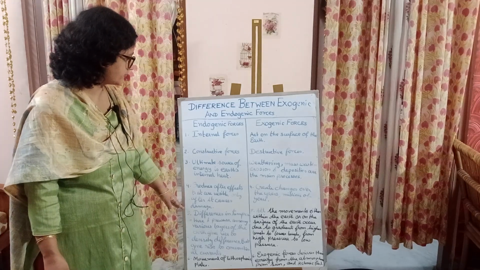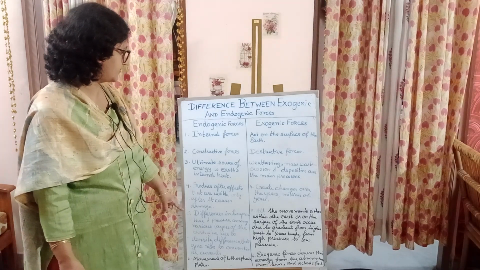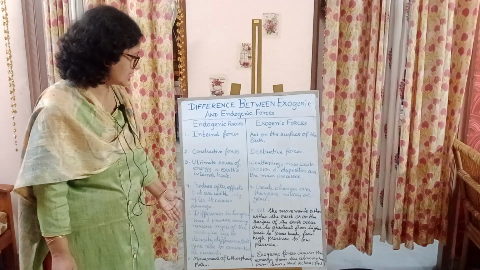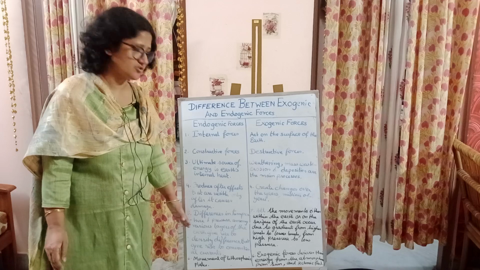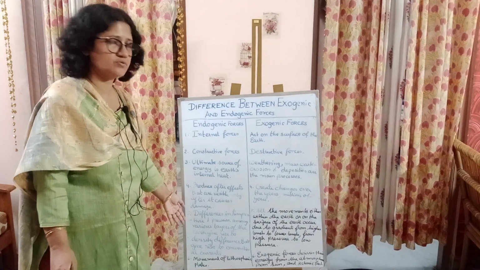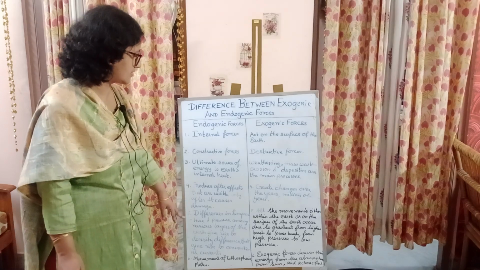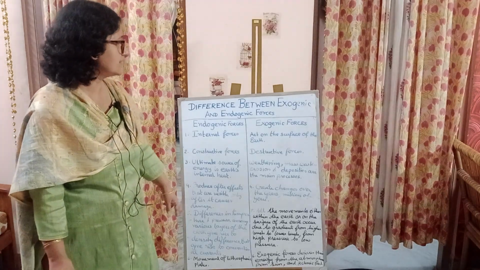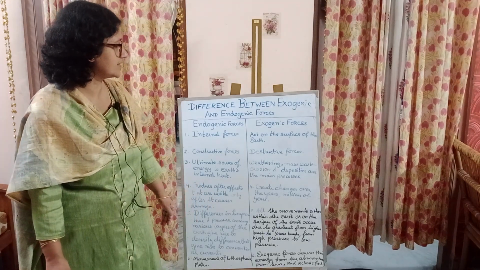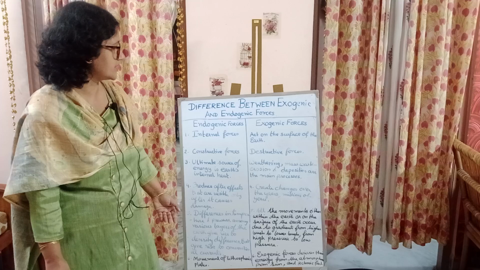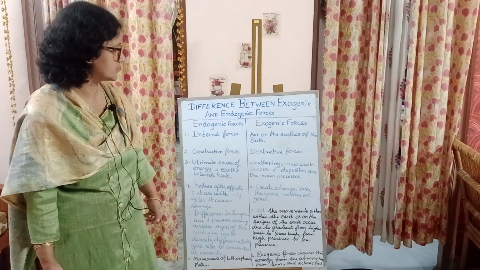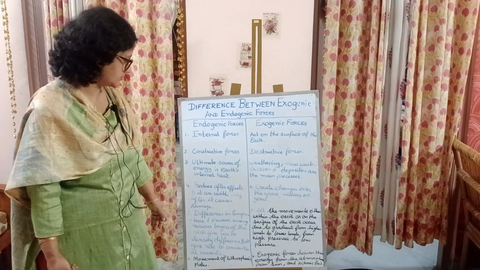Coming to the fifth difference, there are differences in temperature and pressure in the various layers of the earth, which give rise to density differences, and this gives rise to convectional currents. In exogenic forces, the movements, either within the earth or on the surface of the earth, occur due to gradients, from higher levels to lower levels, from high pressure to low pressure.